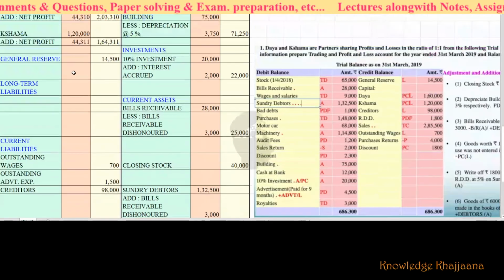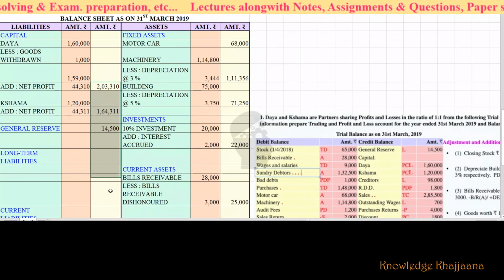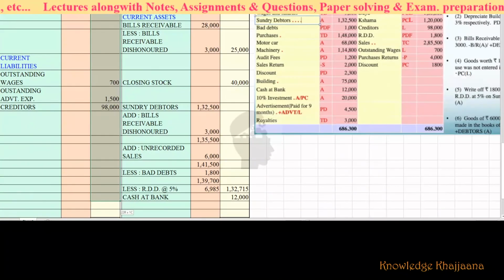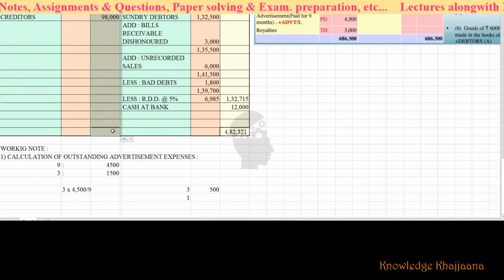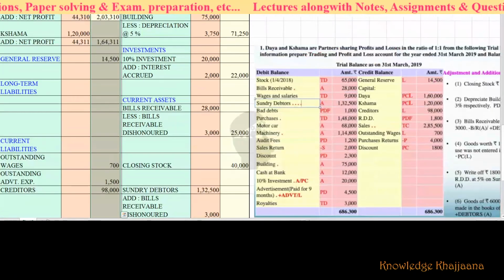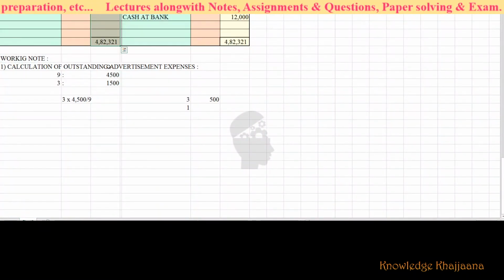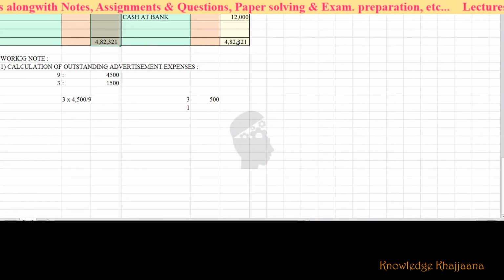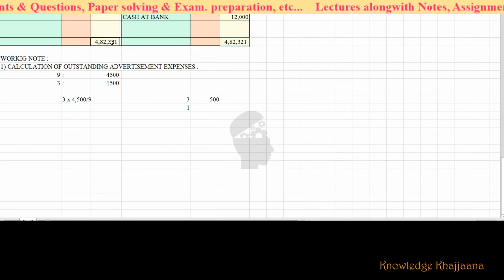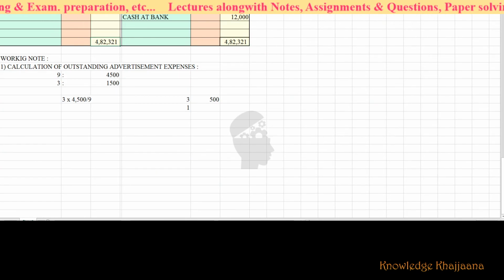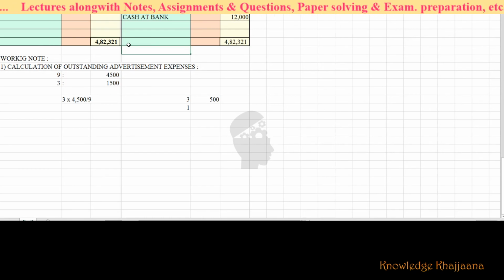Now let's check whether the total is the same. It must be the same. It is 4,82,321, which means our problem is tallied. Very good.